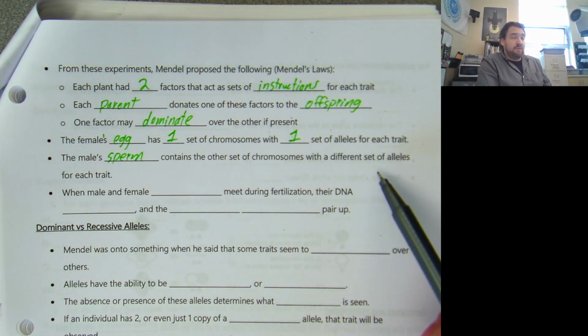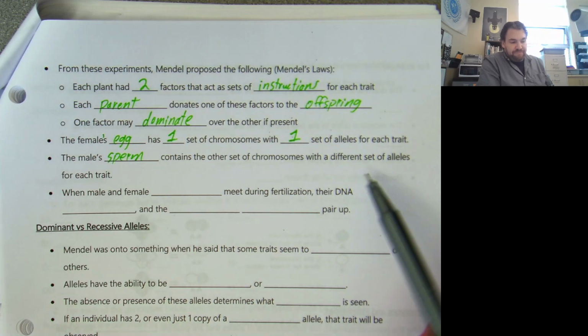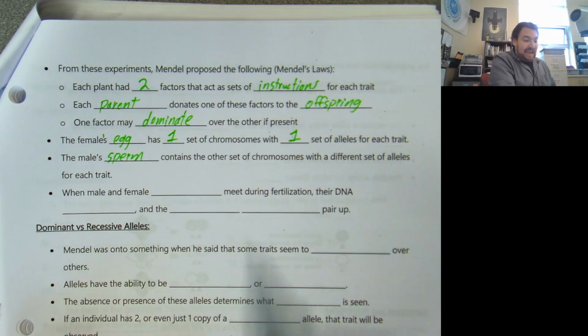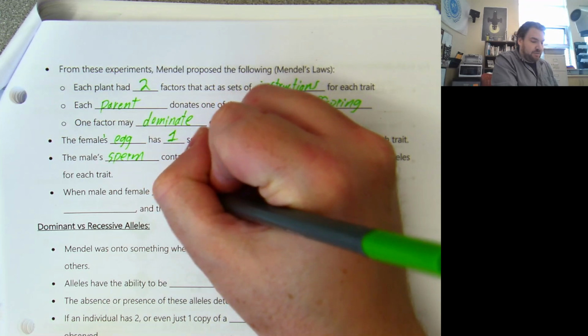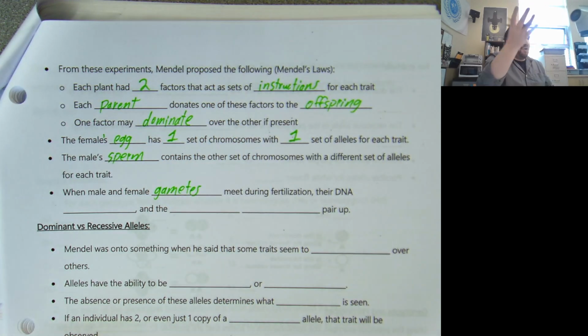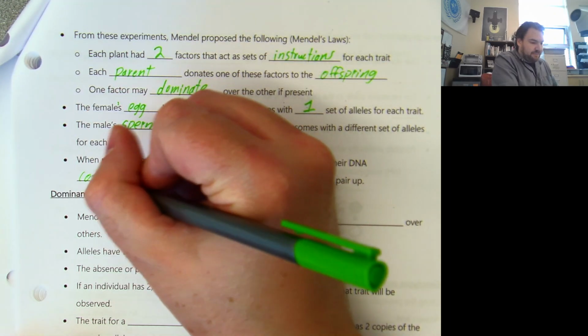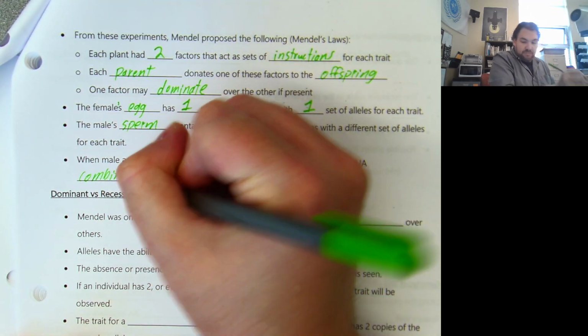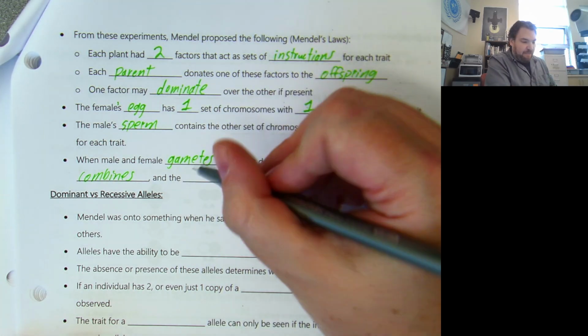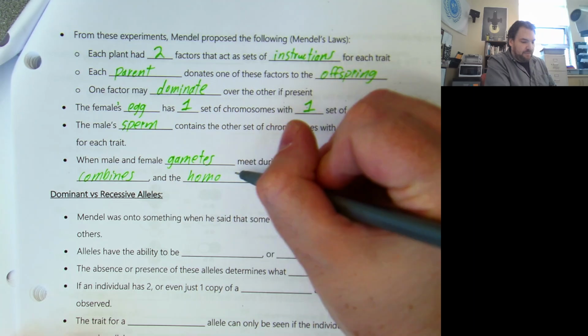Could be the same one, it could be different. Male and female gametes, that is the language of sex, what we call sex cells, gametes. When they meet during fertilization, their DNA combines and the homologous chromosome pairs up.